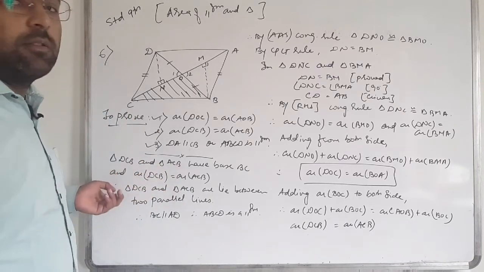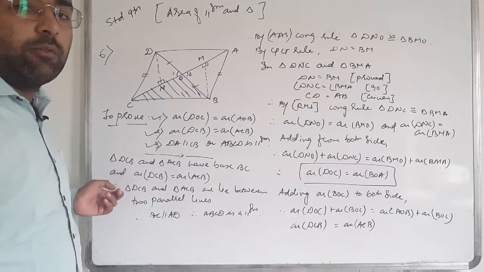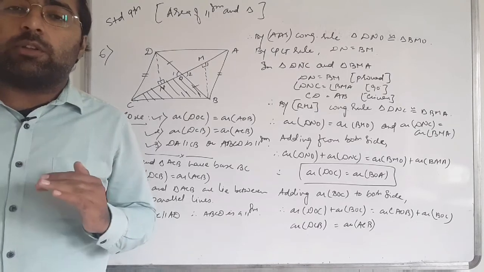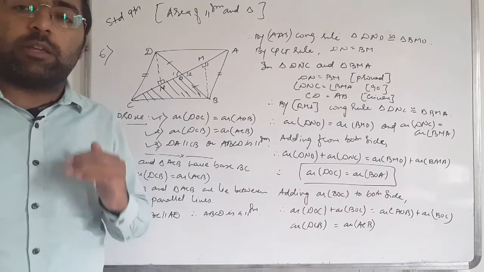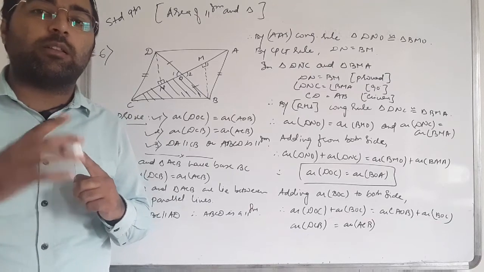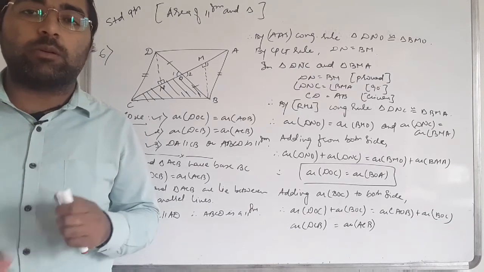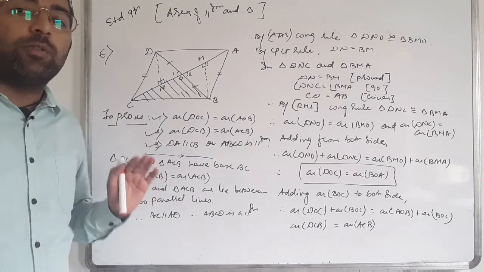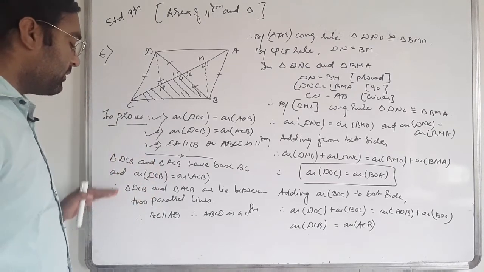Now here we write the inverse of that. If both triangles or both parallelograms have the same base and the same area, then we also say that they lie between the two parallel lines. So that thing is also used here.